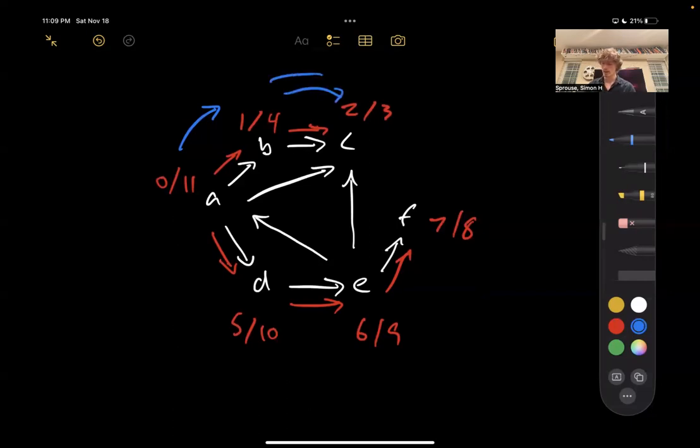When we backtrack back to A, we don't need to consider this edge to C because we've already seen C. C is already discovered. So this edge, rather than being one of these red edges that we used to mark the discovery, is going to be one of our special type of edges that I kind of hinted at earlier. I'll talk about this in a second.